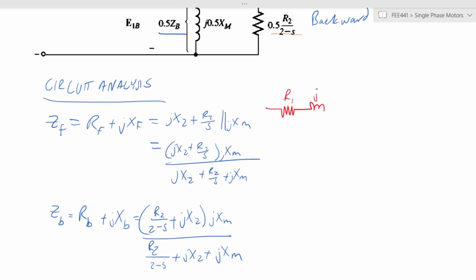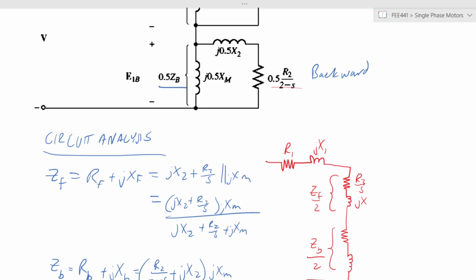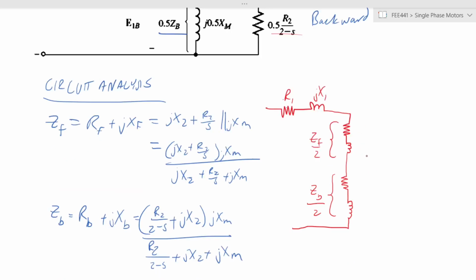You have your R1 and jX1, and then you have the equivalent arms, whereby this is ZF over 2 and this is ZB over 2, which is RF over 2 and XF over 2, then RB over 2 and XB over 2.